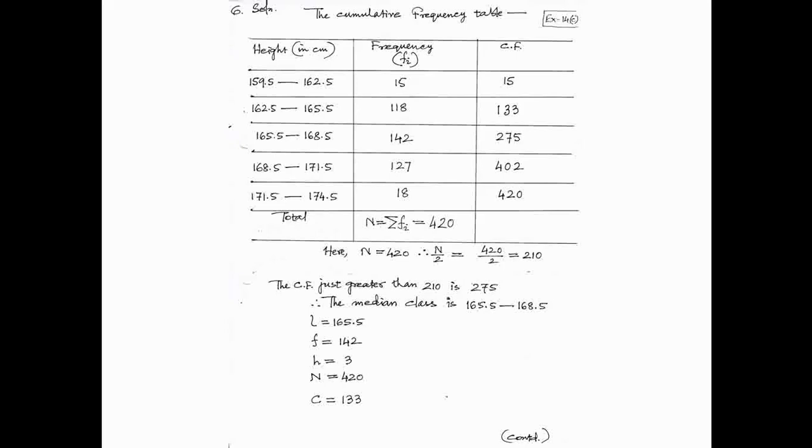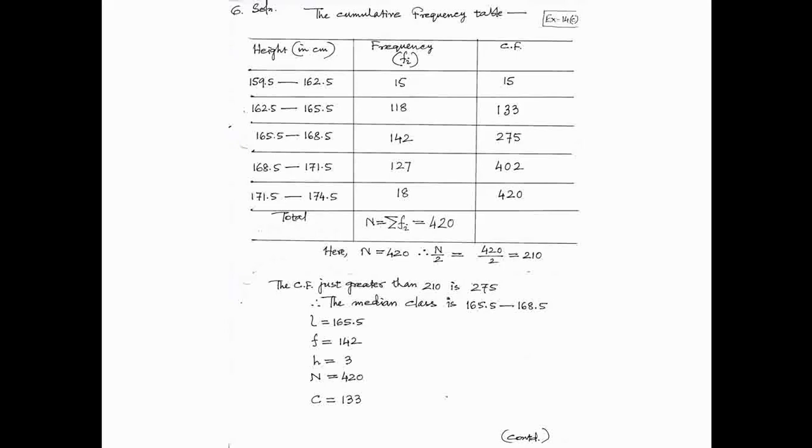Now you come to this part. The cumulative frequency just greater than this value of N by 2, that is 210. See, again I am telling you, N upon 2, how much you got? 210. Now, cumulative frequency just greater than 210, what is the value? You see from the table, the immediate value greater than 210, that is 275.